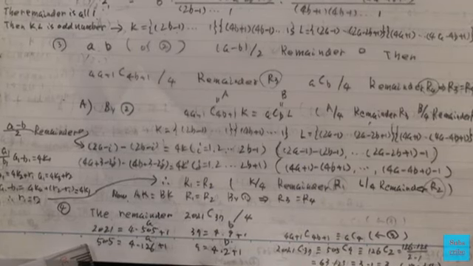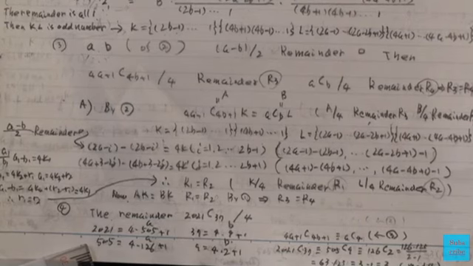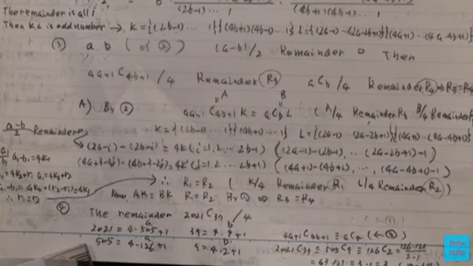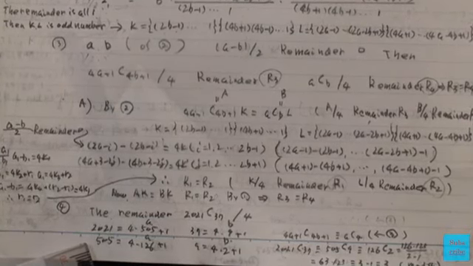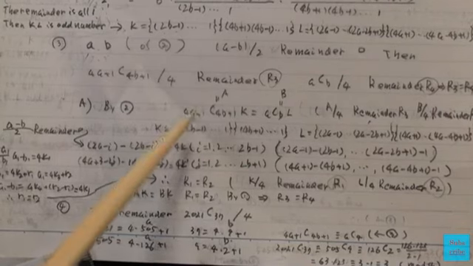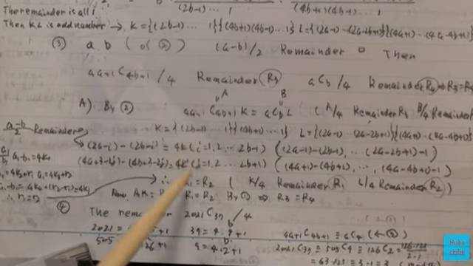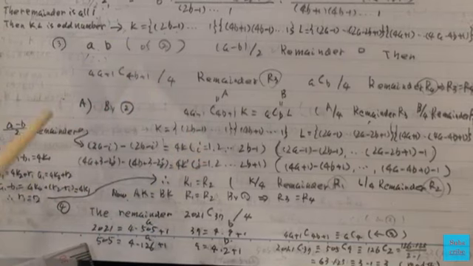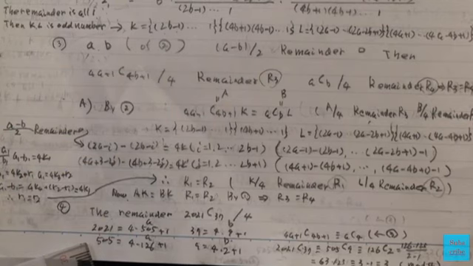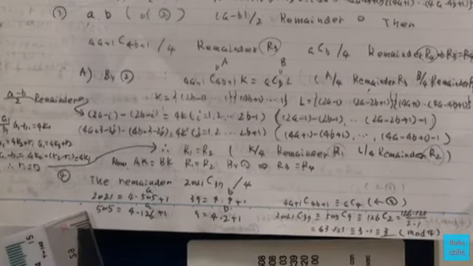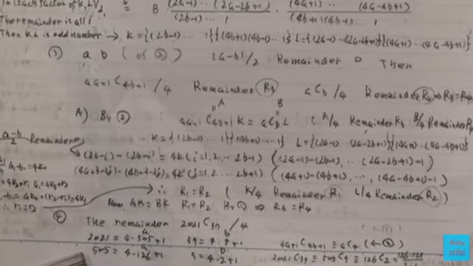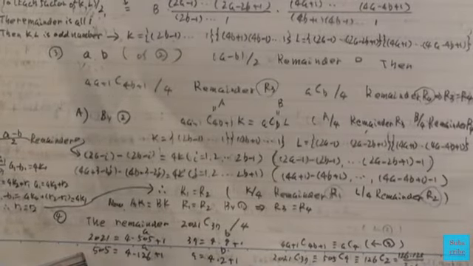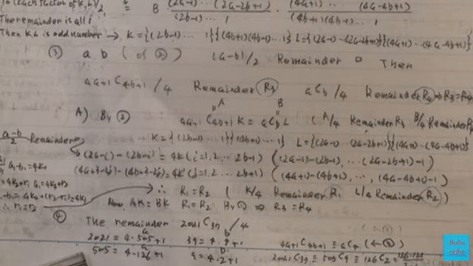Okay, I could say. And small k dash, K1, K2, K3, K4 are integers.